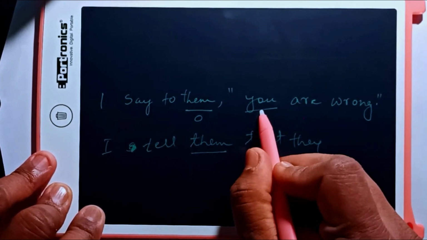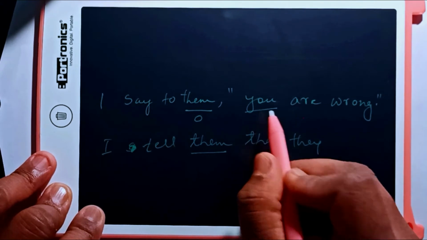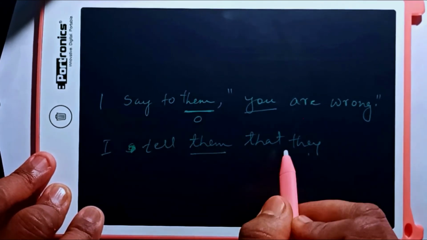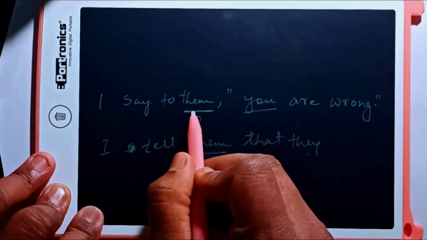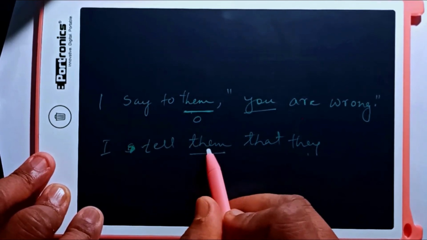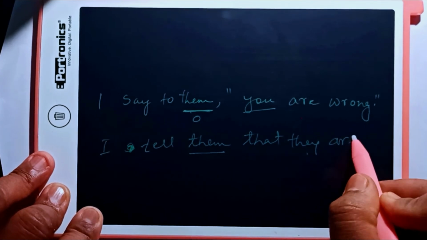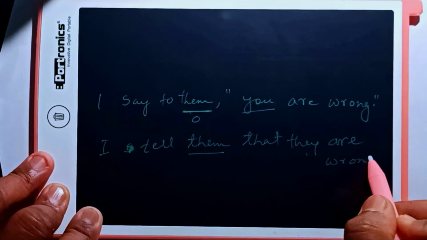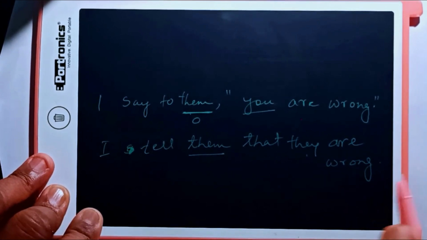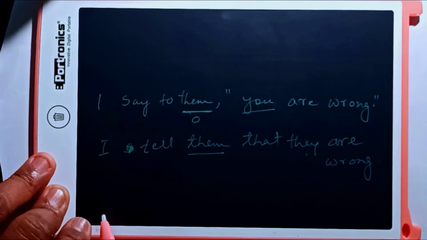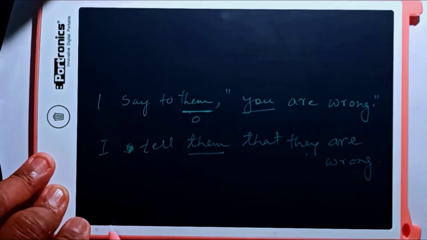So this second person pronoun will change to they because our object of the reporting speech is them. I tell them that they are wrong. This is how we work out with this kind of sentence.